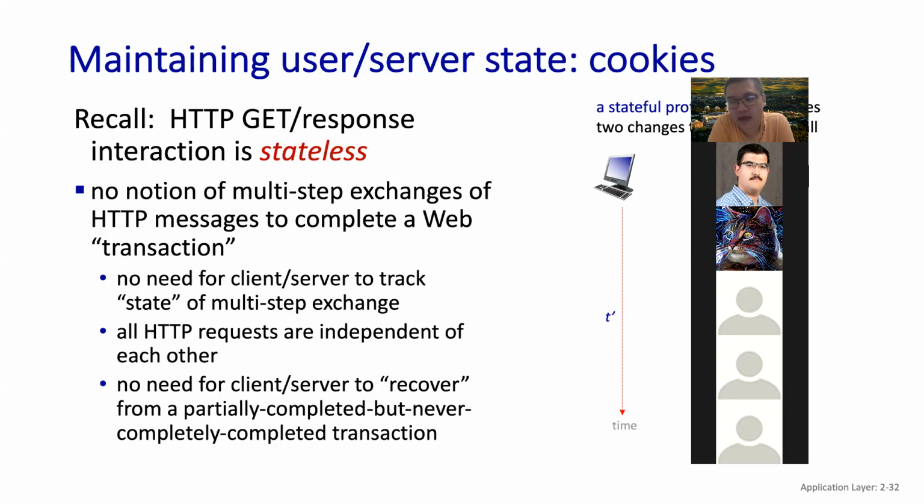But sometimes it's needed, right? We need to have some tracking information. So, for example, if you log into your Amazon account and put some items into your cart, you want to see what items have already been added to your cart next time you access the website, right?